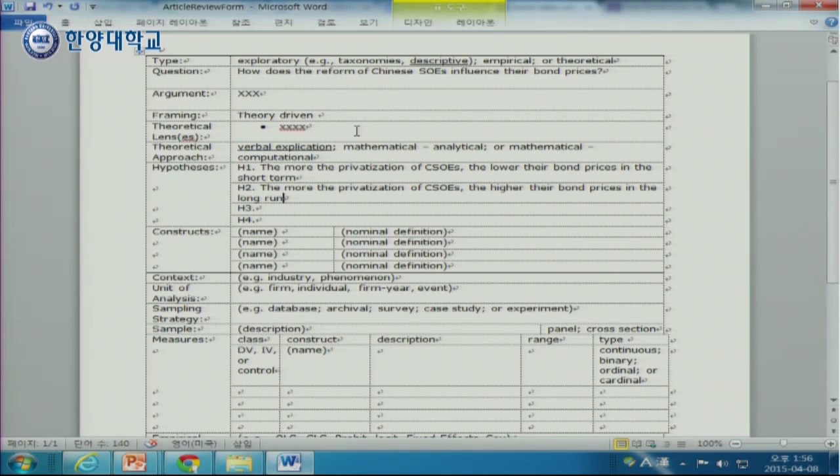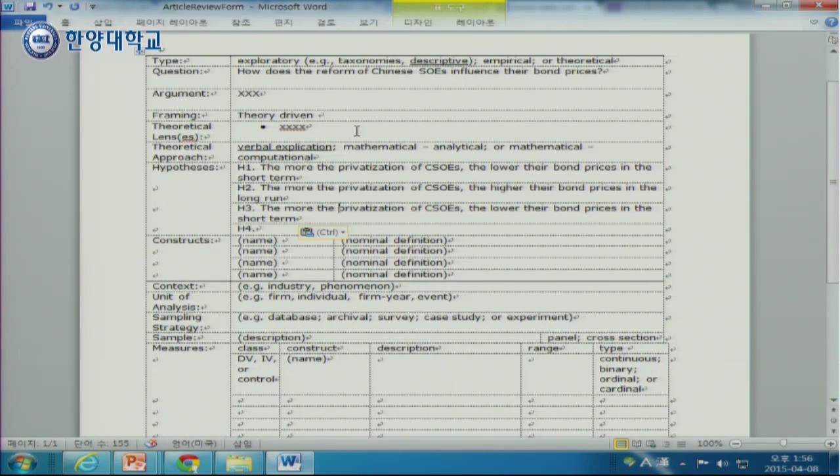So maybe short-term bad news, maybe long-term good news, and then the more the privatization of Chinese SOEs. Now, what is the other reform besides privatization? Employee compensation.